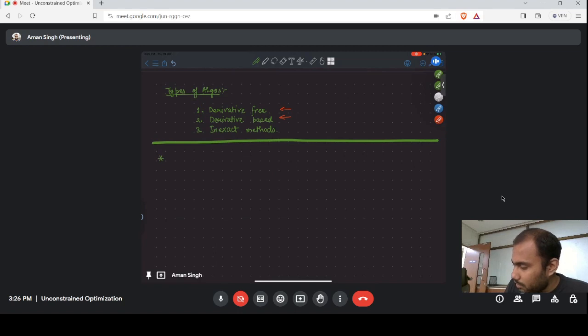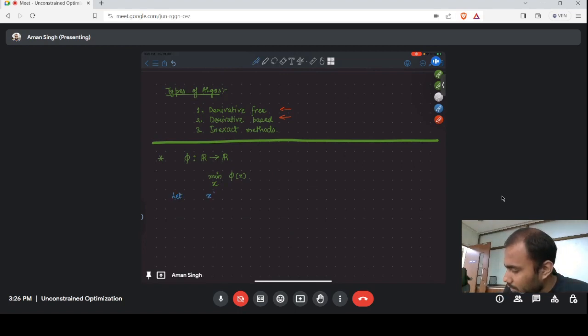So first, let phi be a function of one variable, or one scalar input, and it's a real valued function. Then the problem we are looking at is minimum over x of phi(x). Let's take an assumption.